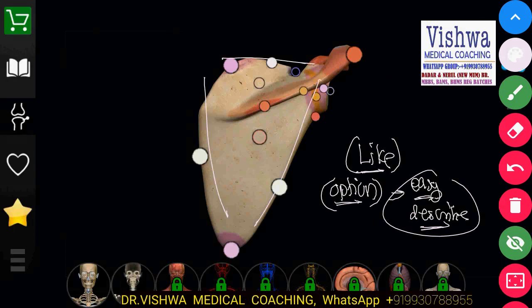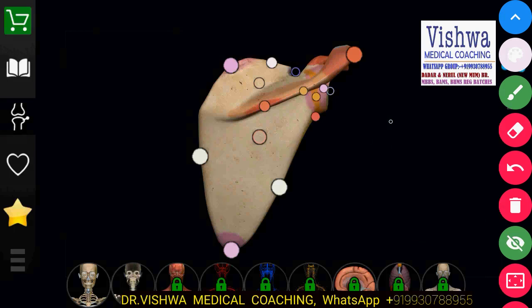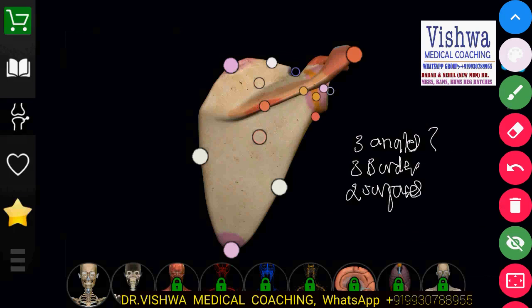Being triangular, it has 3 angles, 3 borders and 2 surfaces. This becomes the lateral angle, this becomes the superior angle, and this becomes the inferior angle.